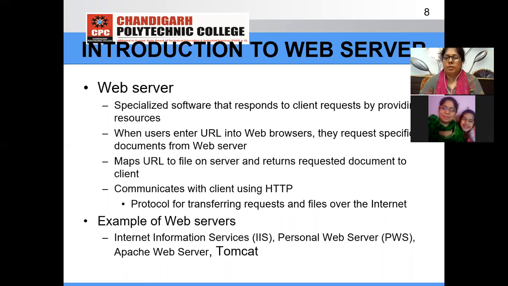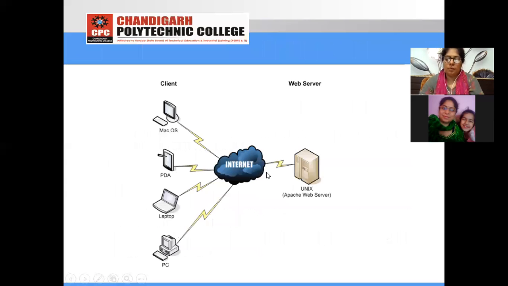Examples of web servers are Internet Information Services (IIS), Personal Web Server, Apache Web Server, and Tomcat Server. In the diagram, we can see multiple client devices, computer, PDA, laptop, connected to the internet, and they are requesting a web document from a web server.